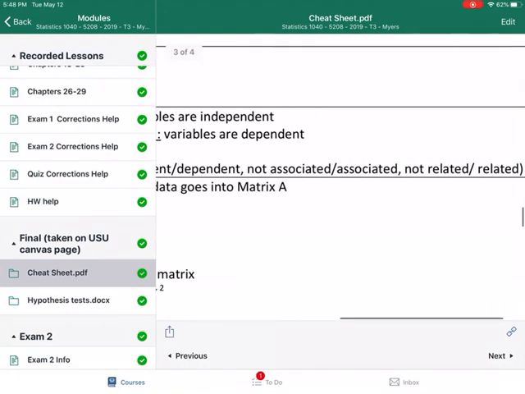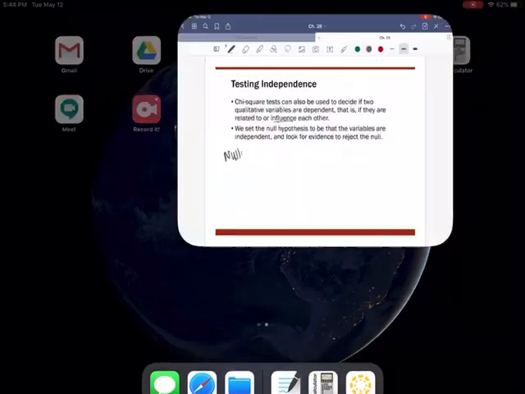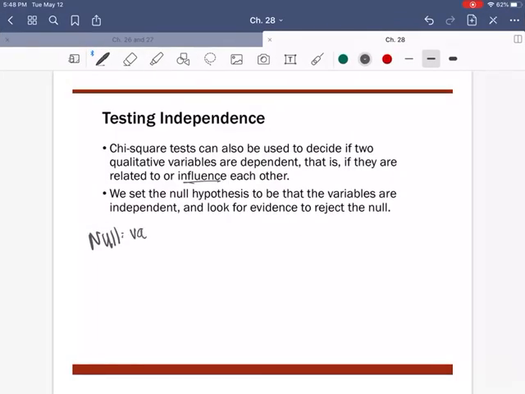So our null is going to be variables are independent. And the word independent can also be not associated and not related.